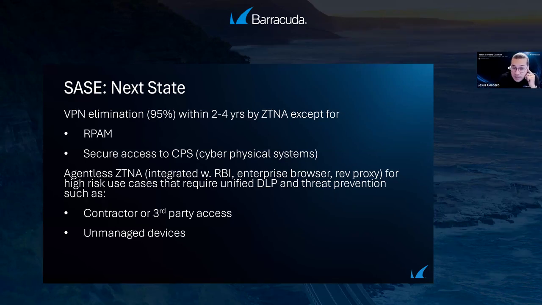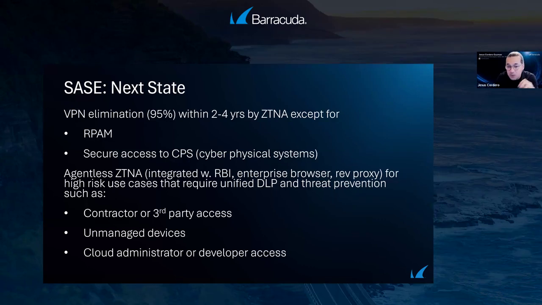The way to guarantee that everything they are doing in your company is secure is implementing ZTNA. And for all those unmanaged devices, and for cloud administrators and developer access, you need to have monitoring and control systems that help you know what is going on there. Why? Because not all those companies that interact with you or have access to your infrastructure have the same level of security or standard of security as you have.